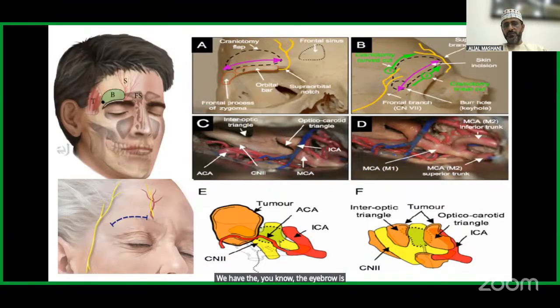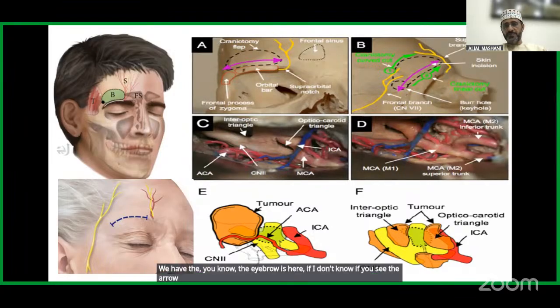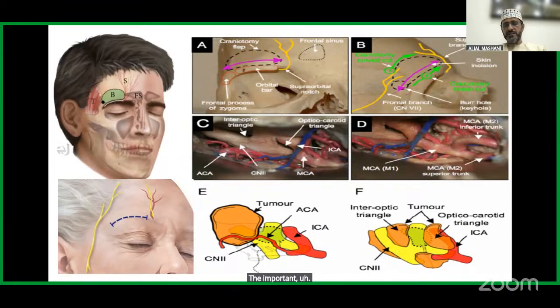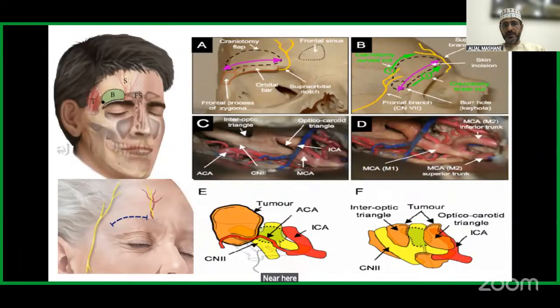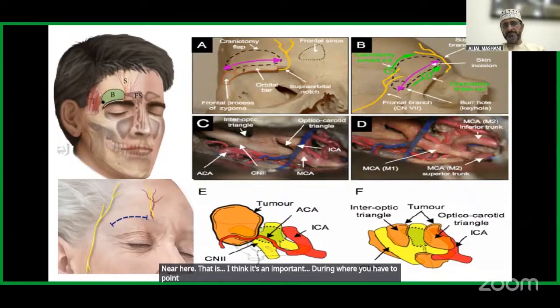I don't know if you see the arrow. The important structures are the frontal branch of the facial nerve and also the supraorbital nerve here. This is important when you decide where to place your skin incision.